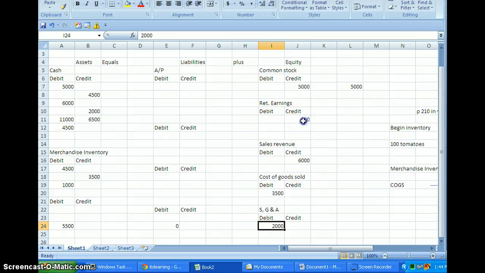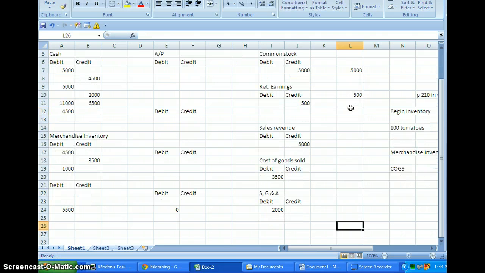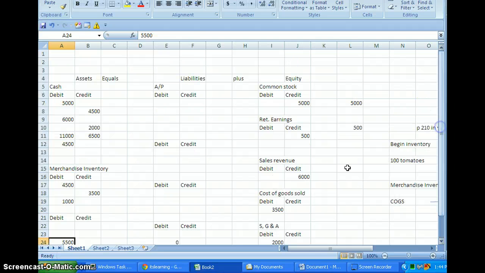That's a $500 difference, and that goes into retained earnings. Remember there's two sections to the equity, common stock and retained earnings. So the retained earnings part is $500. And we total those two up, and that balances out. The balance sheet should be in balance on the left-hand side and the right-hand side.